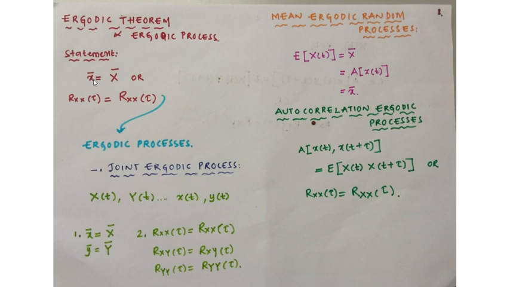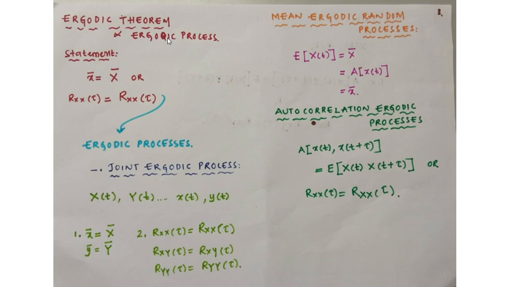That means what? Small x bar is nothing but the average or mean of the sample function, whereas capital X bar is nothing but the mean of the random process. If the average of the sample functions at all values is equal to the average of the random process at all values, then that is called the ergodic theorem.